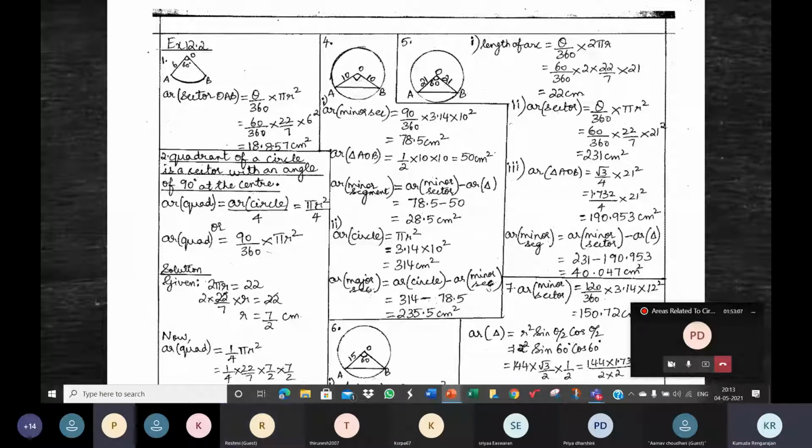Yes, children, what's the answer? He may be wrong. 21, ma'am, 21 plus 21 plus 22 equals 64. Perfect. Exactly what Srinivasan also said. Very good.